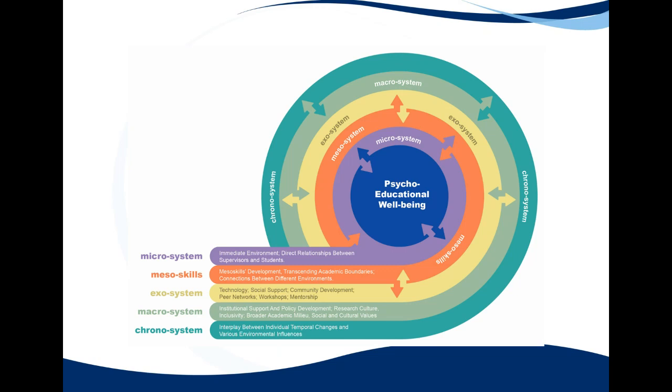Now, our visual representation in the end looked like this with the help of a graphic designer, and you can clearly see Bronfenbrenner's theory. He speaks about micro, meso, exo, macro, and chronosystems. And what we then did, we took our findings and put them as they applied in the different systems, thus indicating that there's a flow between the systems and the one affects the others until we get to well-being.